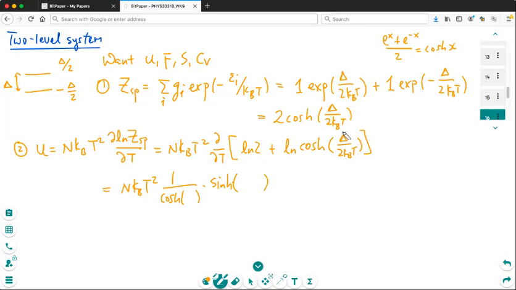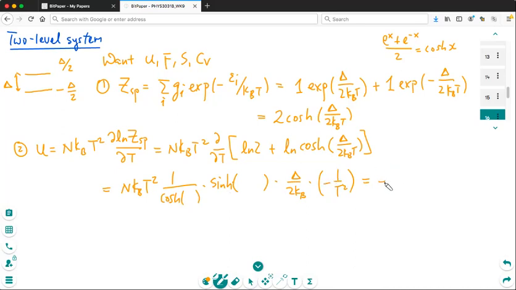Then I have to differentiate everything inside, I get delta divided by 2 kB. Then I differentiate 1 over T, I get minus 1 over T squared. You have sinh, you have cosh. This will give you hyperbolic tangent.